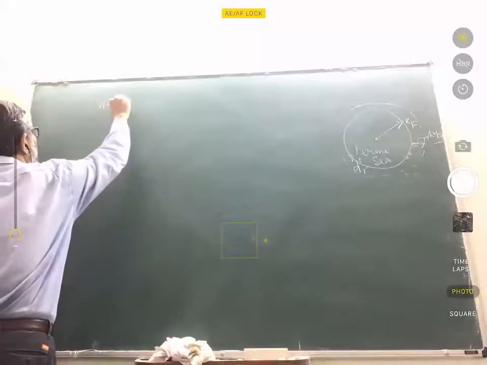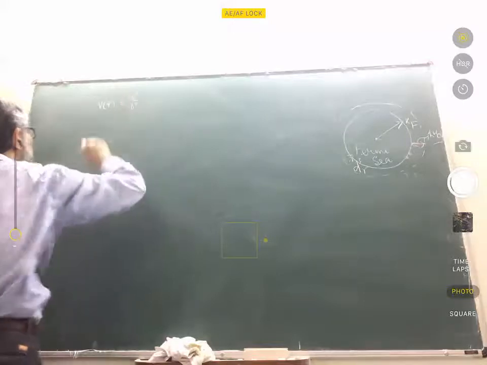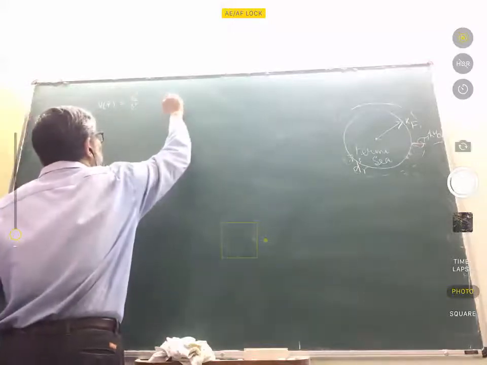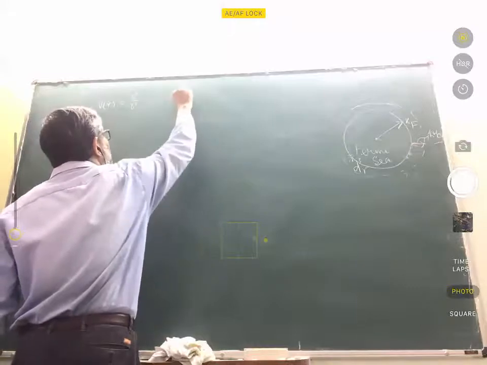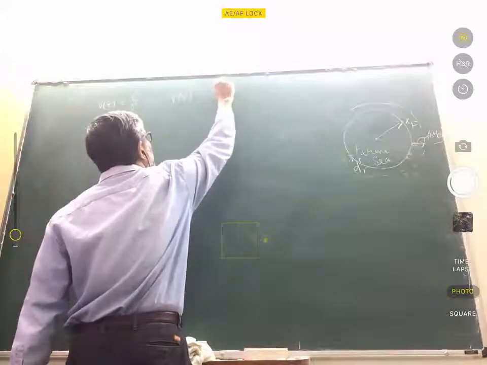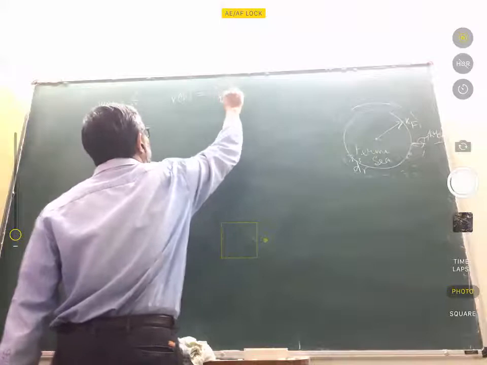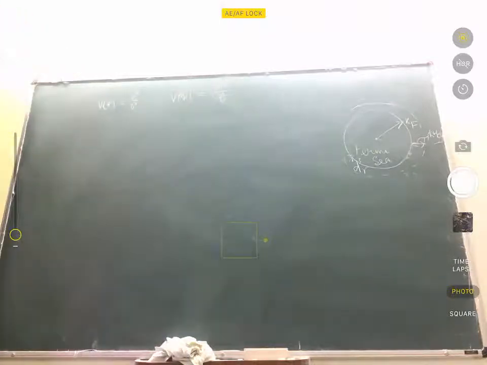So the bare Coulomb interaction between two electrons is, of course, this. And if you do a Fourier transform of this, you'll get the following. But then, particularly in metals, any two electrons do not really experience the bare interaction.